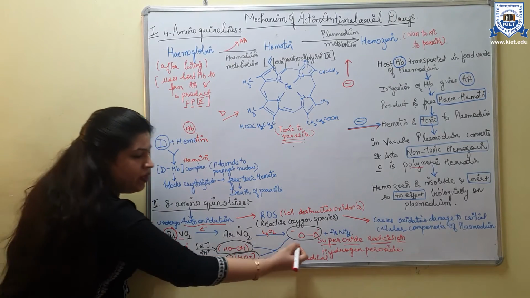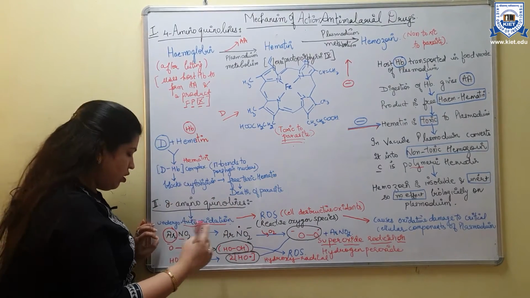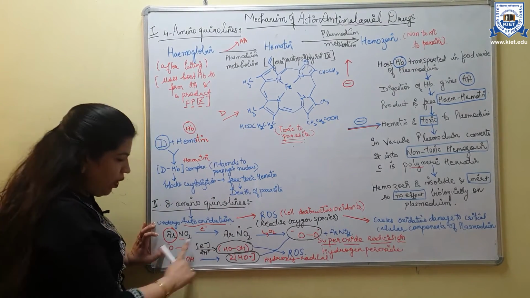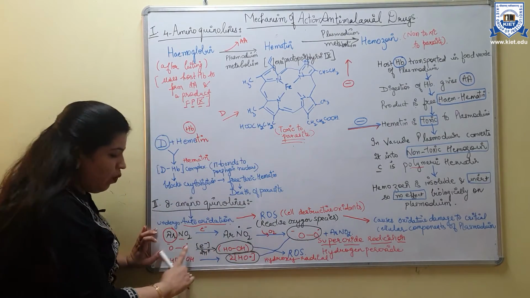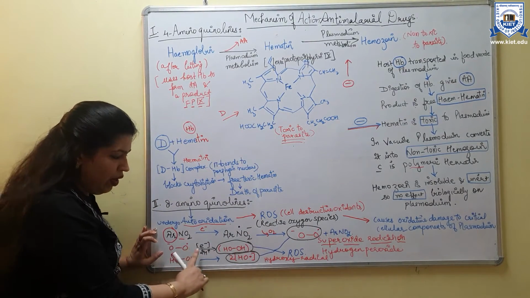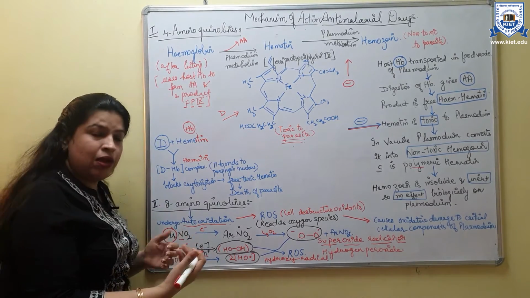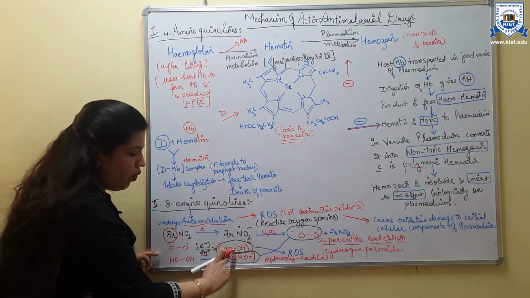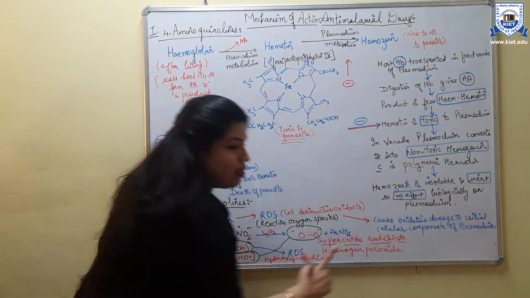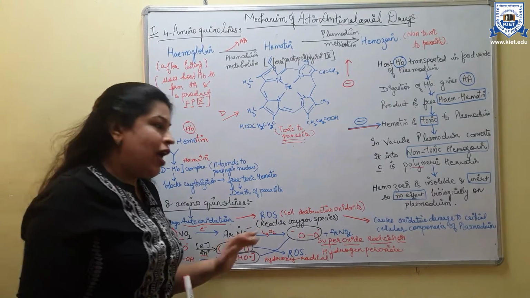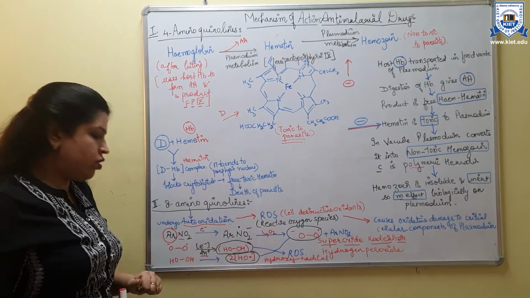This is one of the ROS, the reactive oxygen species. The other: when an electron acts over this superoxide radical ion, in the presence of acid, it gets converted into H2O2, that is hydrogen peroxide. This is the second ROS, which acts to destroy the components essential for its growth.